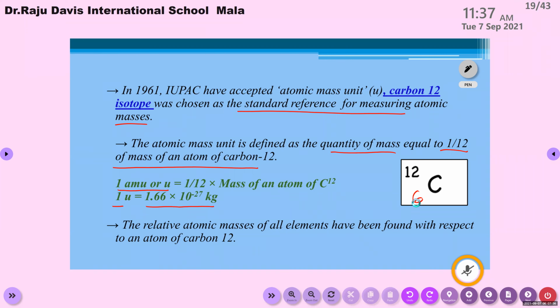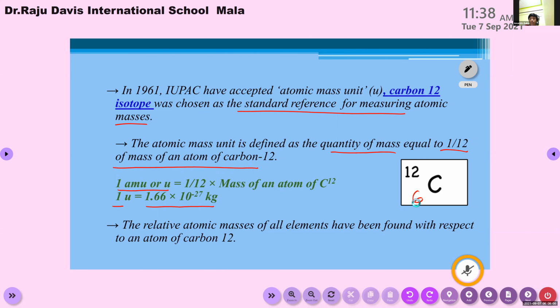No, ma'am. Okay, fine. Amaljit, can you please read? In 1961, IUPAC accepted atomic mass unit U, as the carbon-12 isotope was chosen as the standard reference for measuring atomic masses.